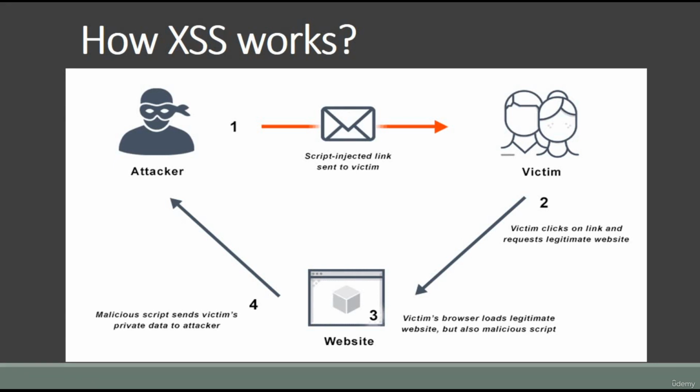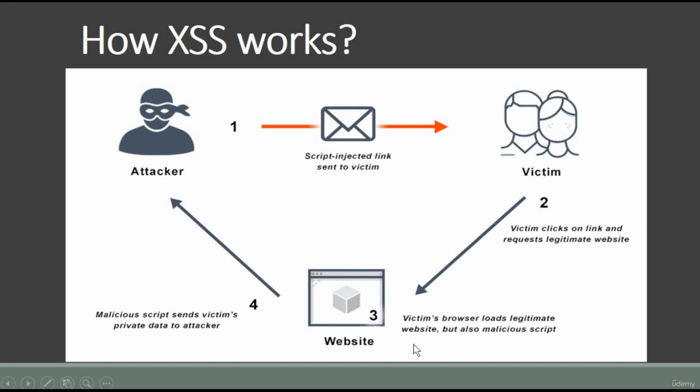The malicious script is also executed. So I hope you understand how you sent a malicious script injected into a legitimate website link, you provided the link to the victim, and the victim clicked on it. It will load the legitimate website, but the malicious script will also execute.